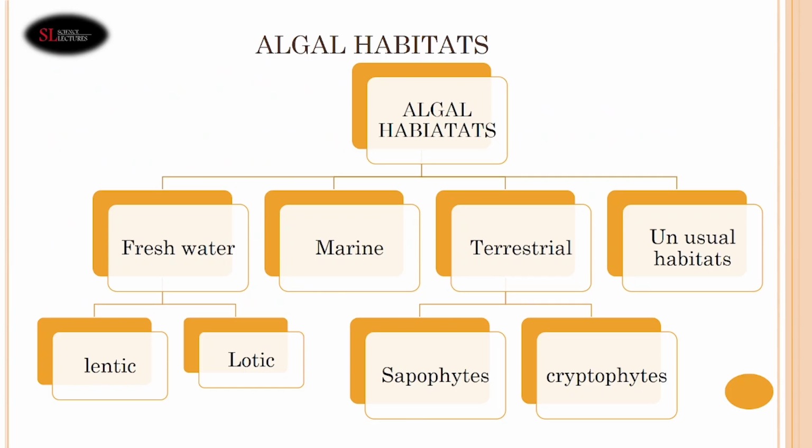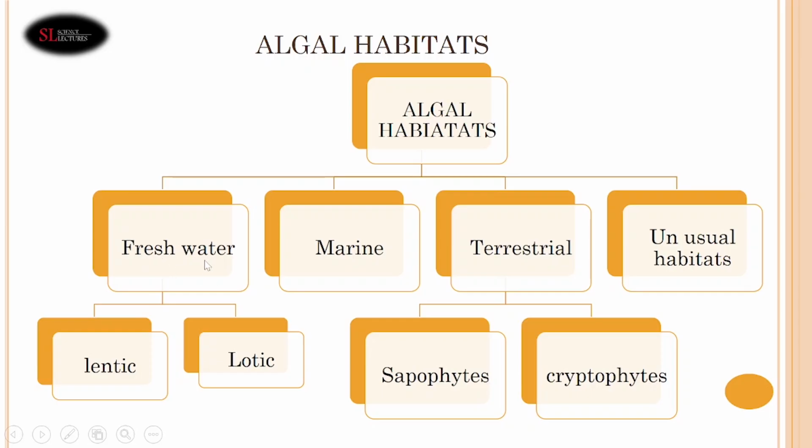So, we need to talk about the various algal habitats. Where do we find algae? So, algal habitats are classified into four. We have freshwater, we have marine algae, we have algae found on land, and we have algae that occupies unusual habitats. So we begin with freshwater.